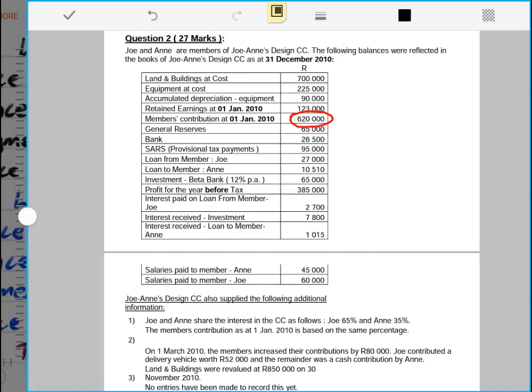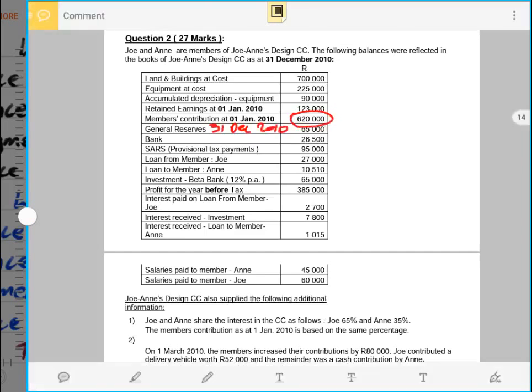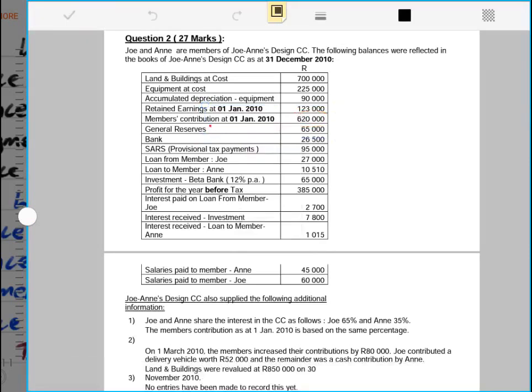So now we will need to split the two based on their members' interest. We are given general reserve, and also take into account that the general reserve is as at the 31st of December in the year 2010. Note that it is a closing balance and is given to be 65,000 rands on the 31st of December 2010.